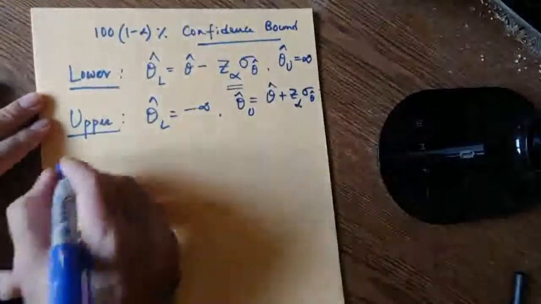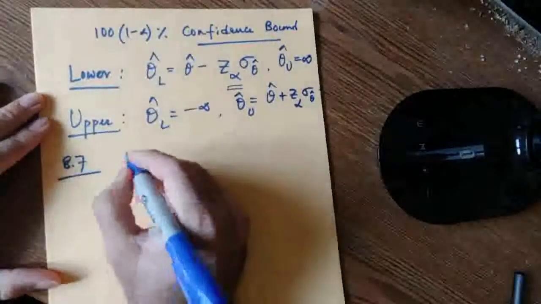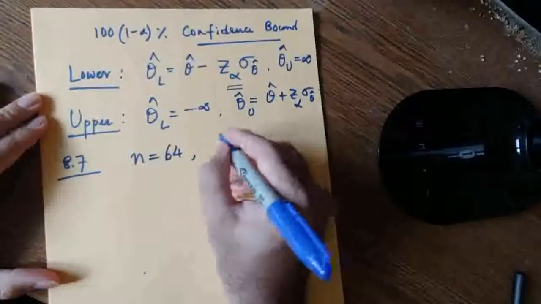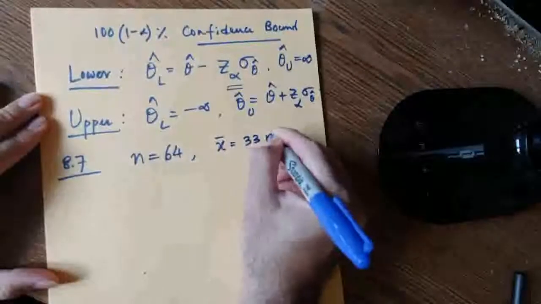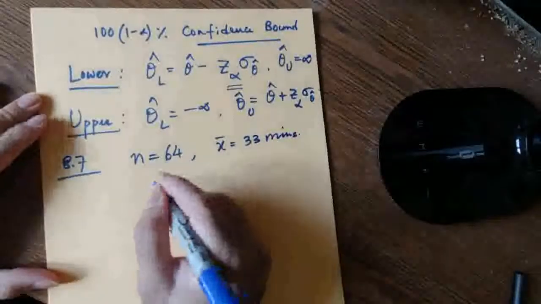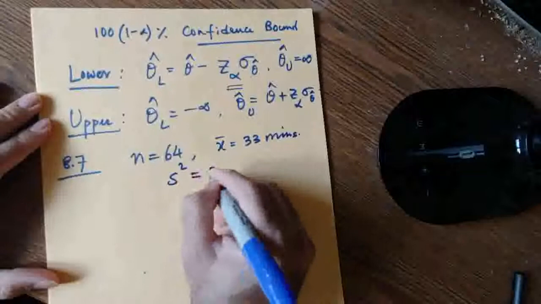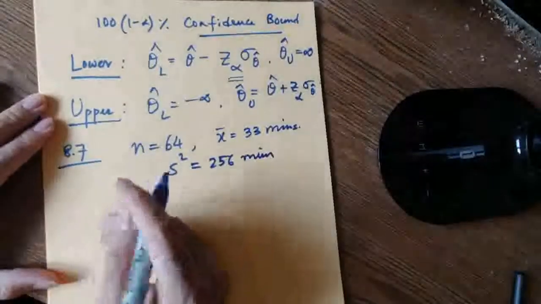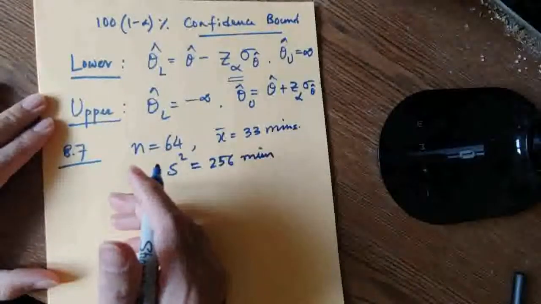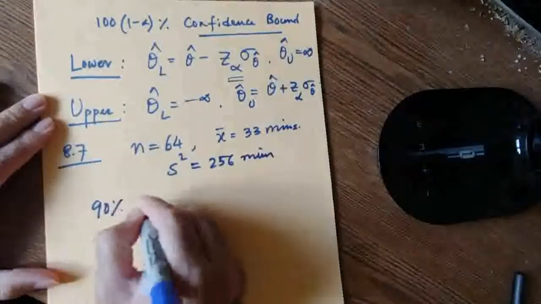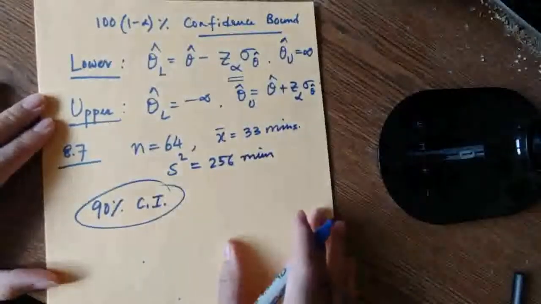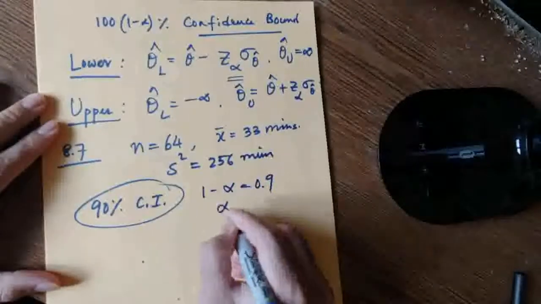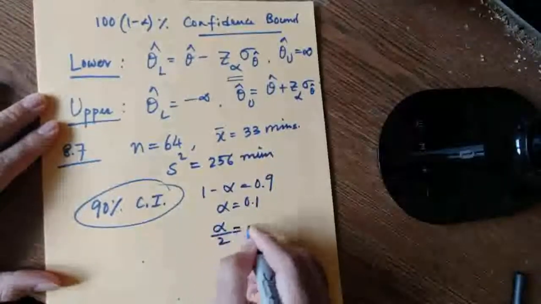Let's try some examples. This example is in your book, 8.7. N is 64. X bar is 33 minutes. S squared is 256 minutes squared. So we want to find a 90% confidence interval. All right, so 1 minus alpha is 0.9, alpha is 0.1, alpha over 2 is 0.05.